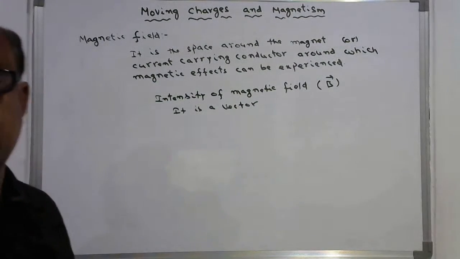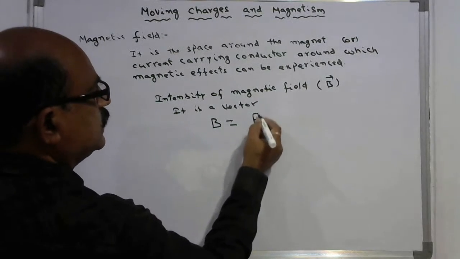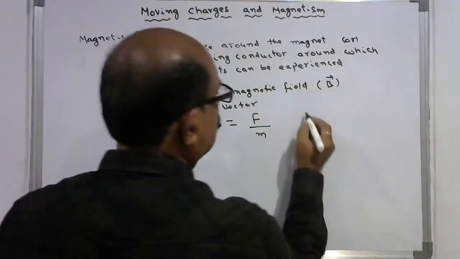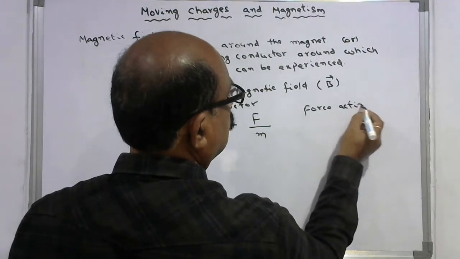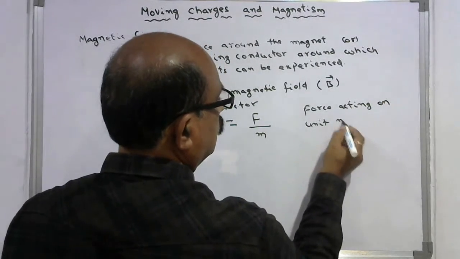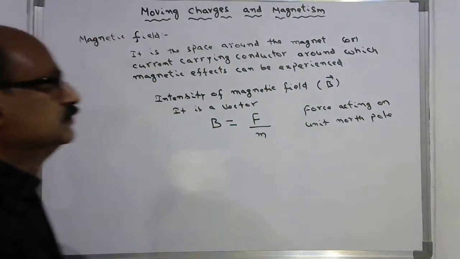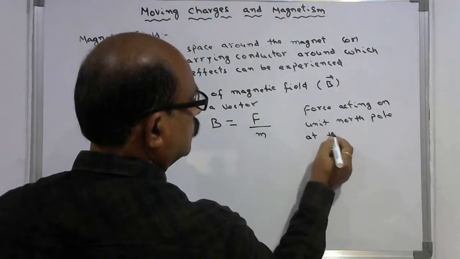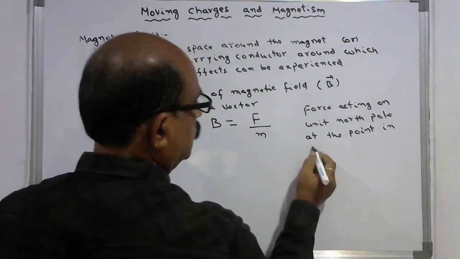Magnetic field intensity B is the force acting on a unit north pole at that point in the field.